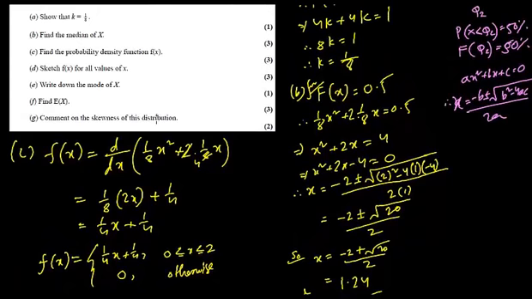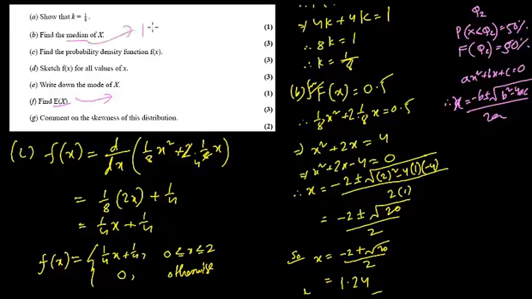Comment on the skewness of the data. Skewness means that the data is not symmetric, or is it symmetric? So it's commenting on the shape of the data. For skewness, it's good enough if we compare the mean and the median.